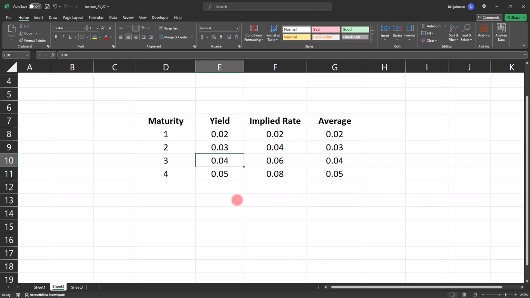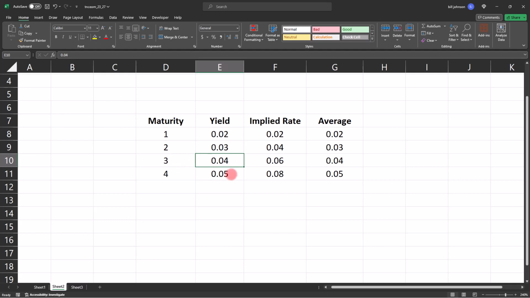Now, because of this, we can also get an even deeper insight. By looking at the yield curves, we know that, for instance, the market feels that 3% will be the average 1-year rate over the next 2 years. By looking at the yield curve, we can also see that the market feels the average 1-year rate will be 4% over the next 3 years.